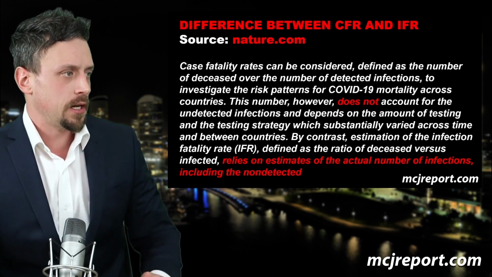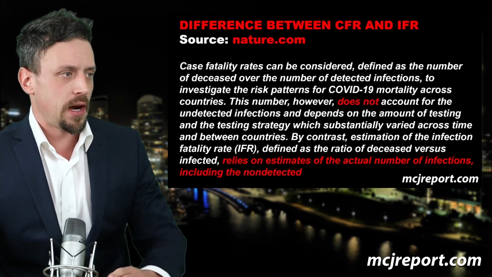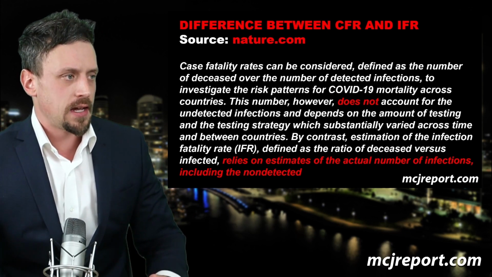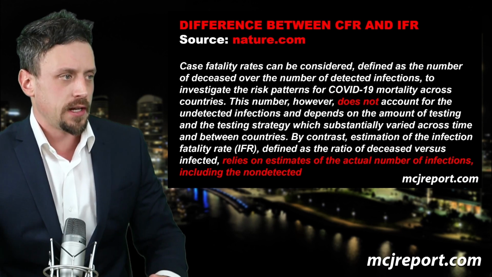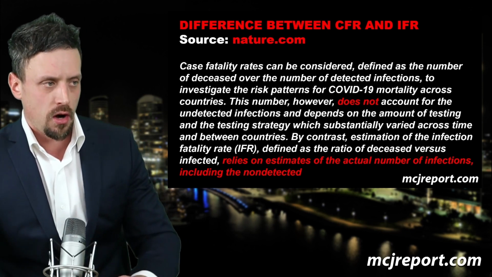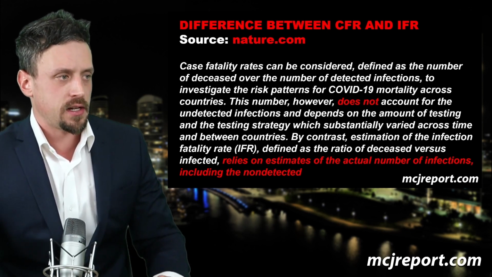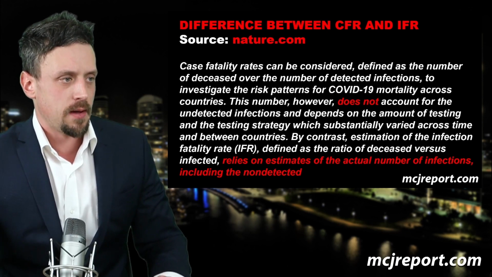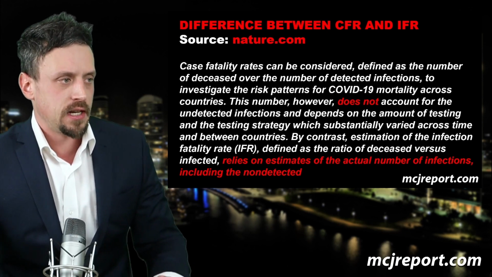It says here, case fatality rates can be defined as the number of deceased over the number of detected infections to investigate the risk patterns for COVID-19 mortality across countries. This number, however, does not account for the undetected infections and depends on the amount of testing and the testing strategy, which substantially varied across time and between countries.